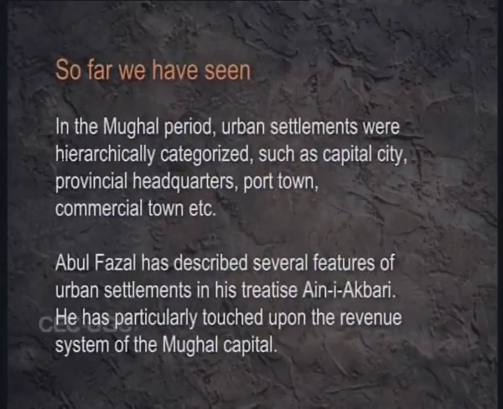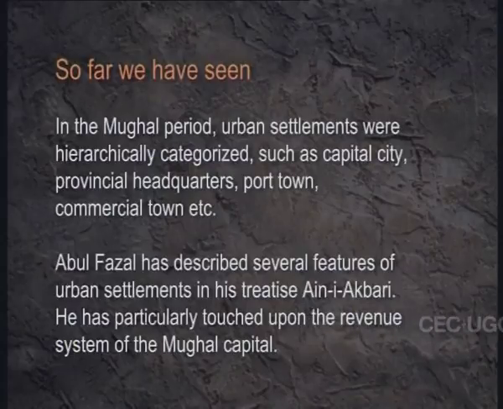In the Mughal period, urban settlements were hierarchically categorized, such as capital city, provincial headquarters, port town, commercial town, etc. Abul Fazl has described several features of urban settlements in his treatise Ain-e-Akbari.